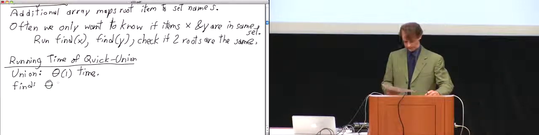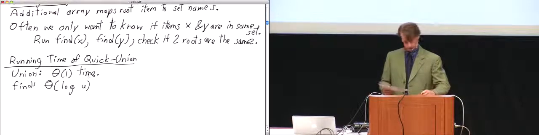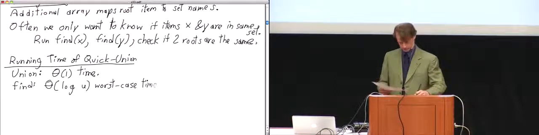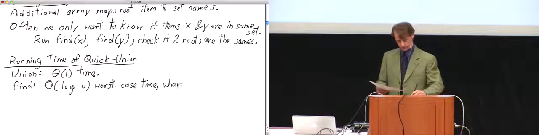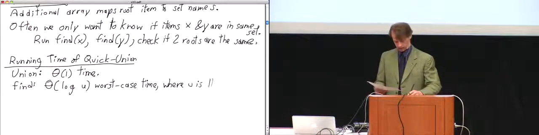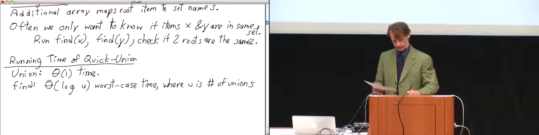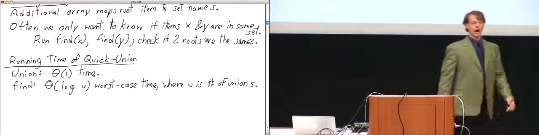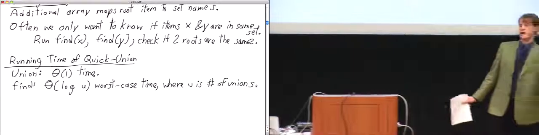On the other hand, find operations are a little more interesting. The worst case time for a find operation is theta log u, where u is the number of union operations that have been executed since you first created that disjoint sets data structure. However, that's the worst case time.